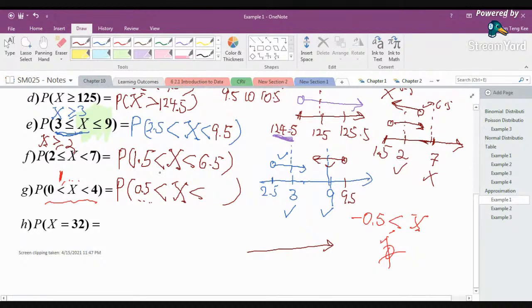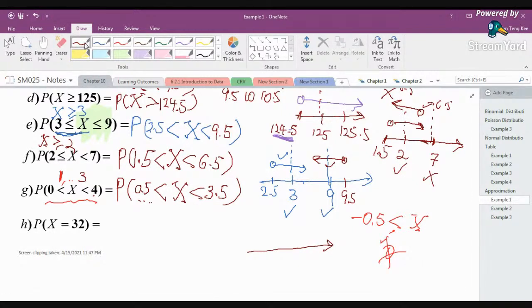Then lastly, 4. I don't want to include 4, so the integer before 4 will be 3. So in this case here, my choice will be using 3.5. So that again, you check your continuity corrections, and before continuity corrections, you should be able to see that by being discrete, they happen to have the same list of x values.